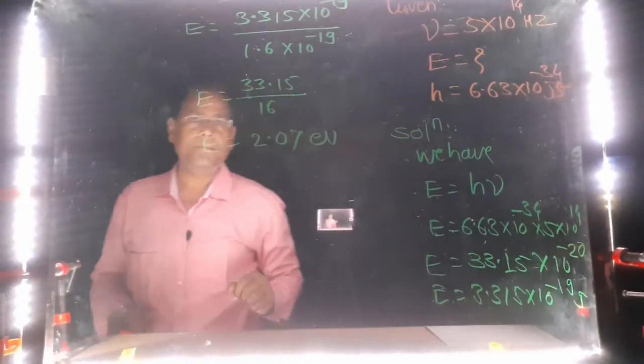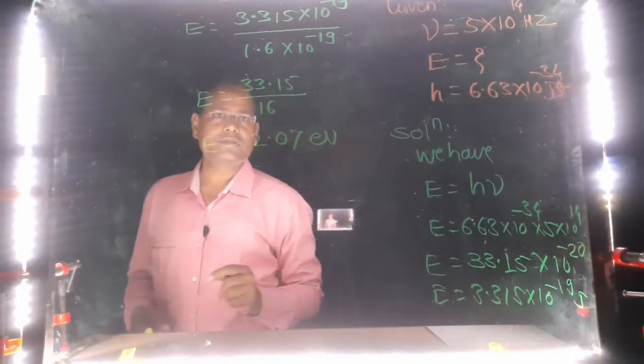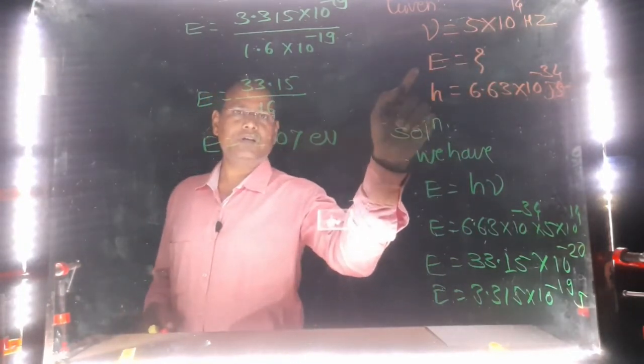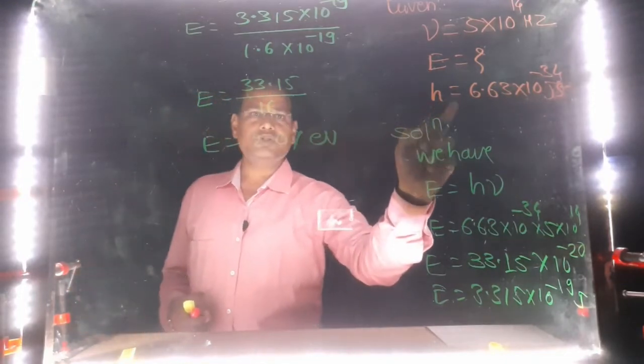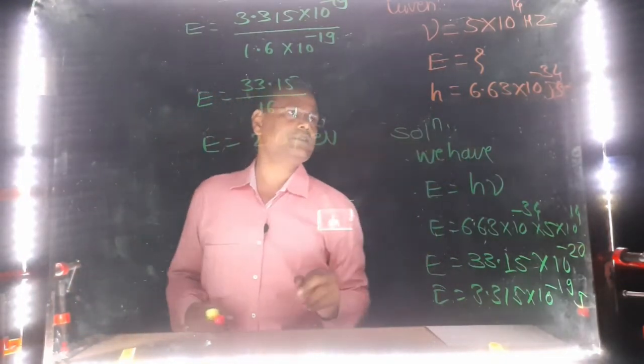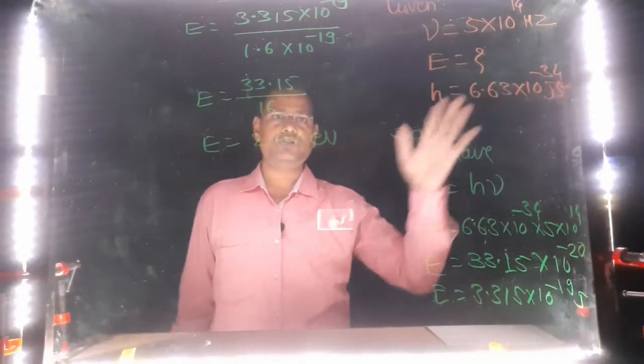So what was the given part? Frequency was given, 5 × 10^14 hertz. We have to find out energy as per the problem. h is known, Planck's constant 6.63 × 10^-34, its SI unit is joule second.